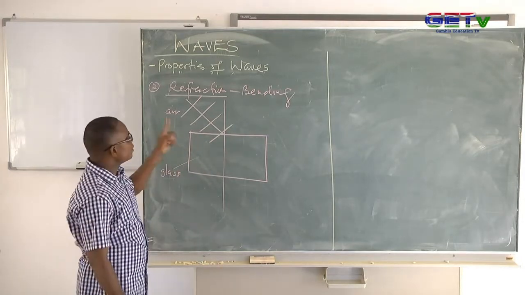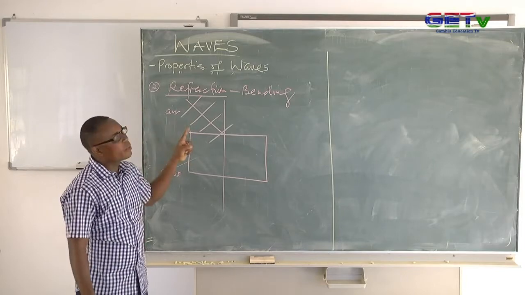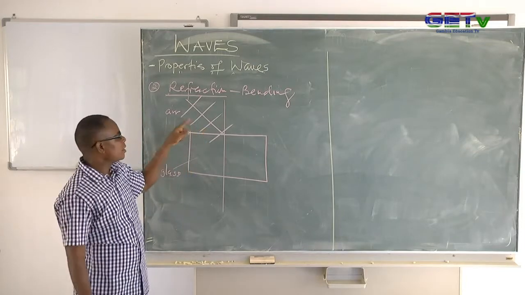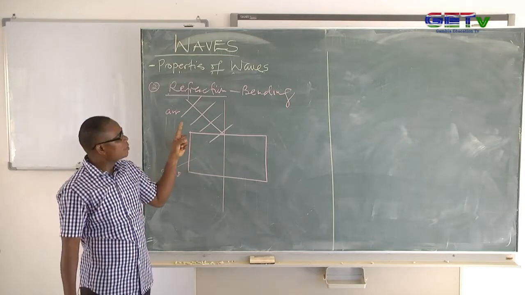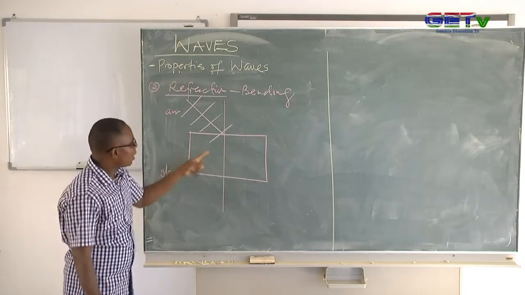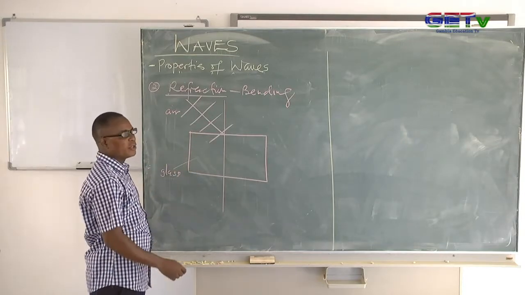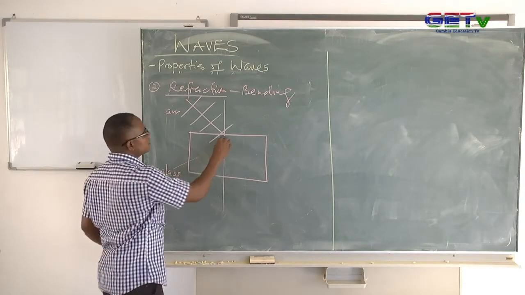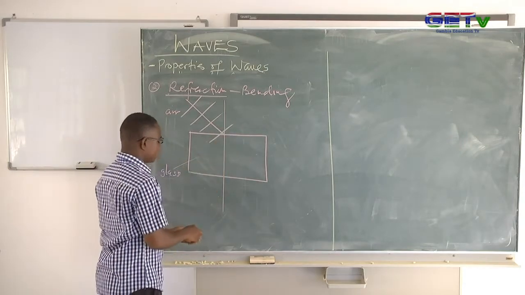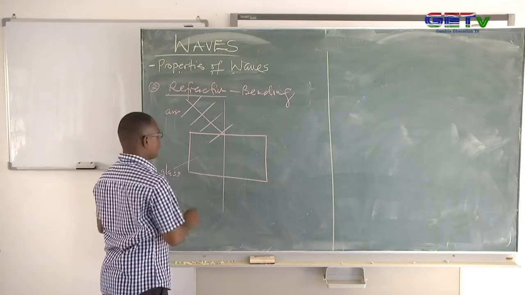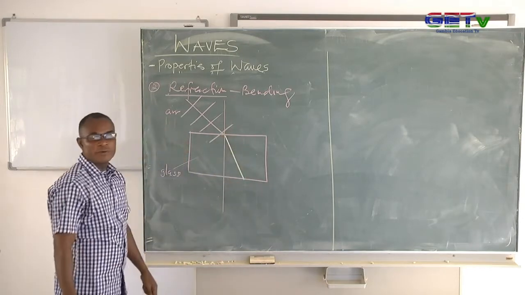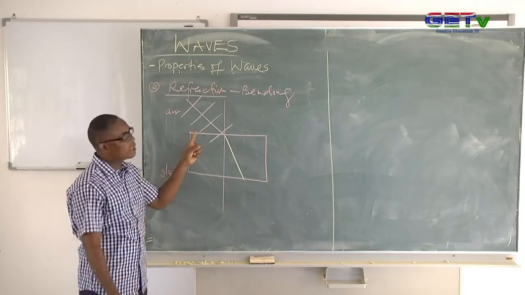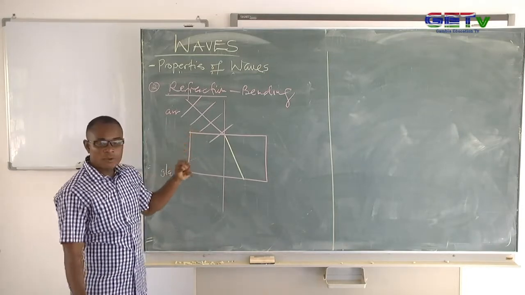Because it's entering a medium, its propagation speed changes because the two media are not of the same density. So the ability to bend the rays is different. As the wave enters a stronger medium, that is the glass, it is going to bend, meaning the speed will change. And when the speed changes, it is going to refract. It's going to move away from its incident direction because the speed has changed. It's just like when you run on the beach.